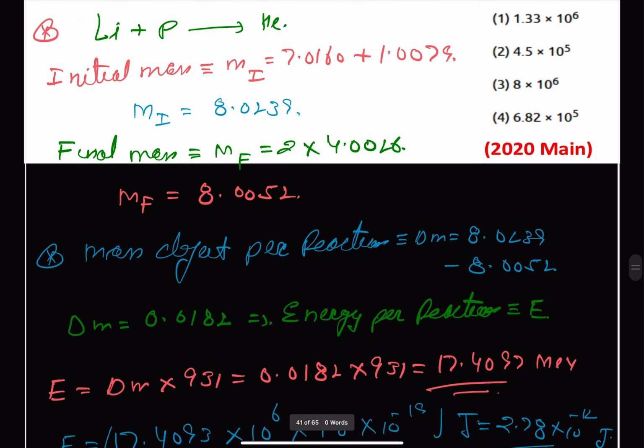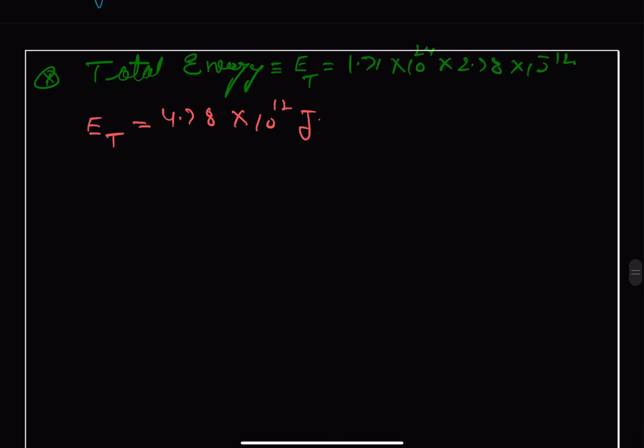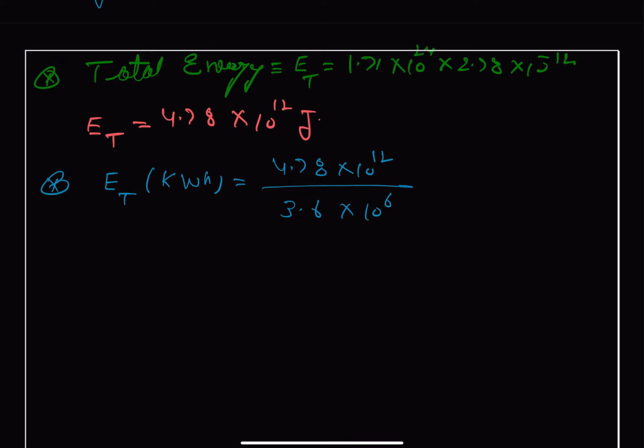We are supposed to do it in kilowatt hour, so that is quite simple now. Our total energy in kilowatt hour will be equal to 4.78 into 10 to the power 12 divided by 3.6 into 10 to the power 6, and this is approximately 1.3 into 10 to the power 6 kilowatt hour.